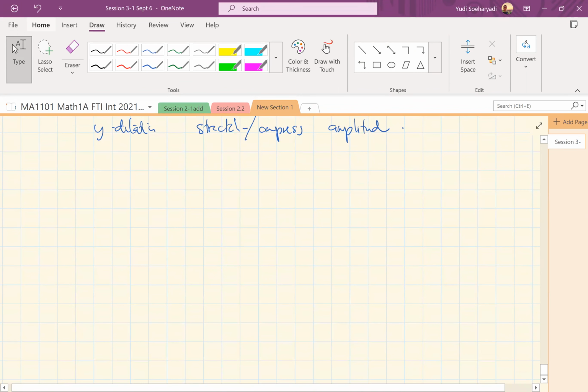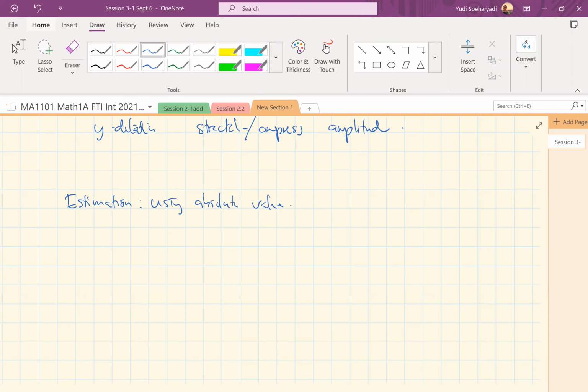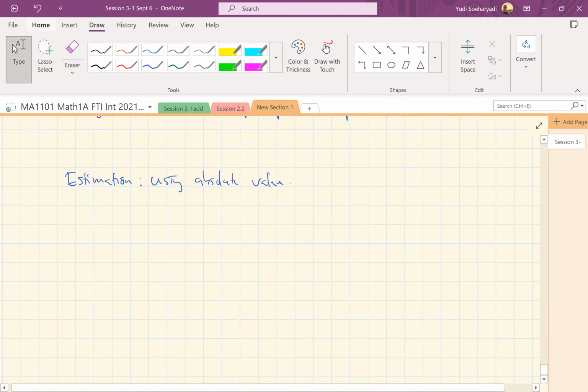All right. I think the last one is back to our estimations. You estimate using absolute value. This is an introduction to the next chapter also, the next chapter on limits. All right, so let's see. I need to share this one.